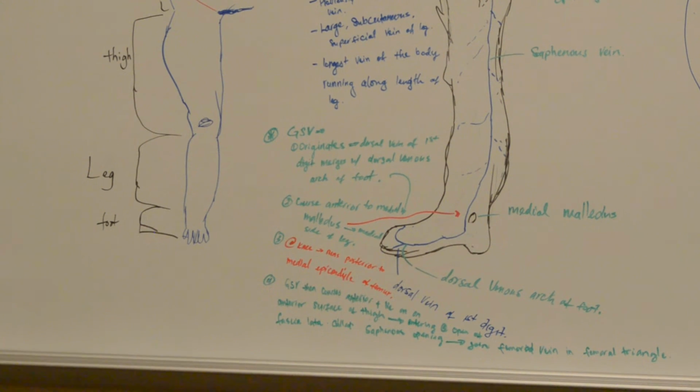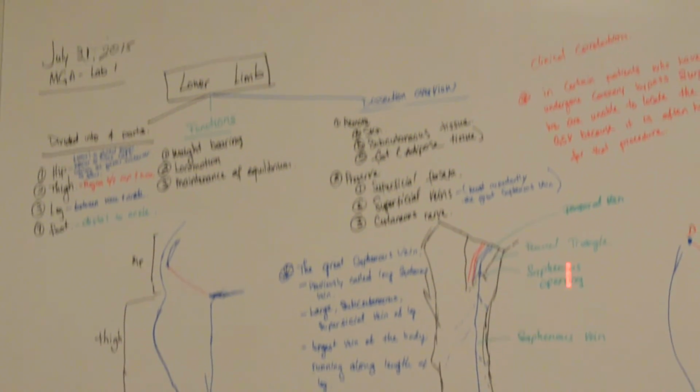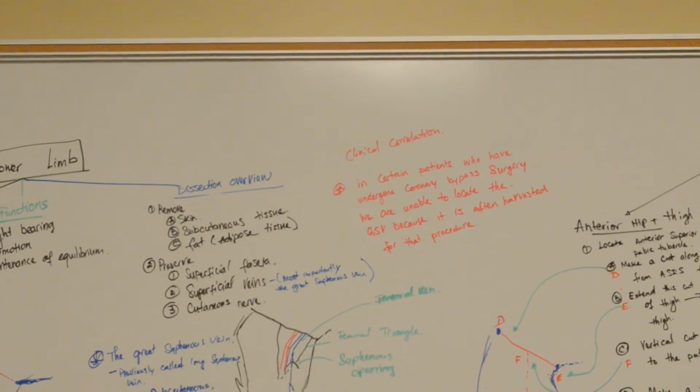The femoral triangle will contain the femoral vein, artery, and also the nerve right there in the femoral triangle. The clinical correlations of the great saphenous vein.